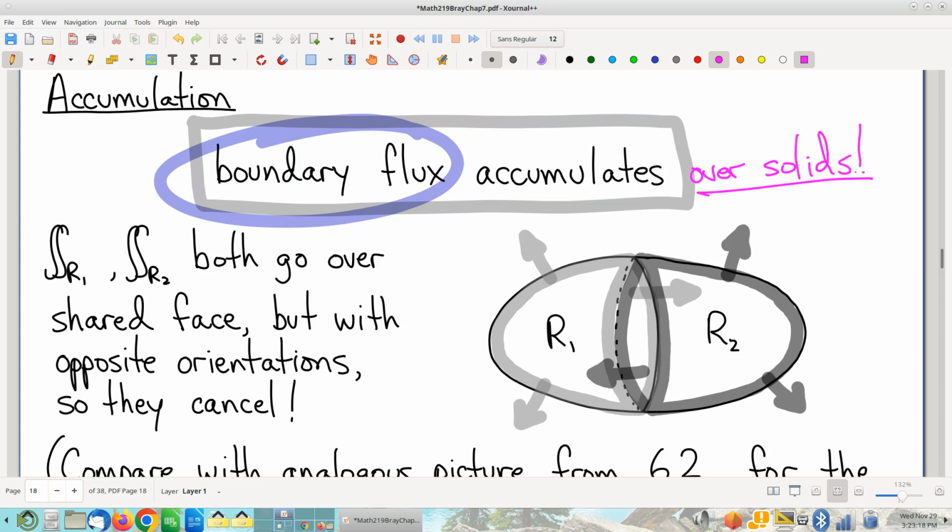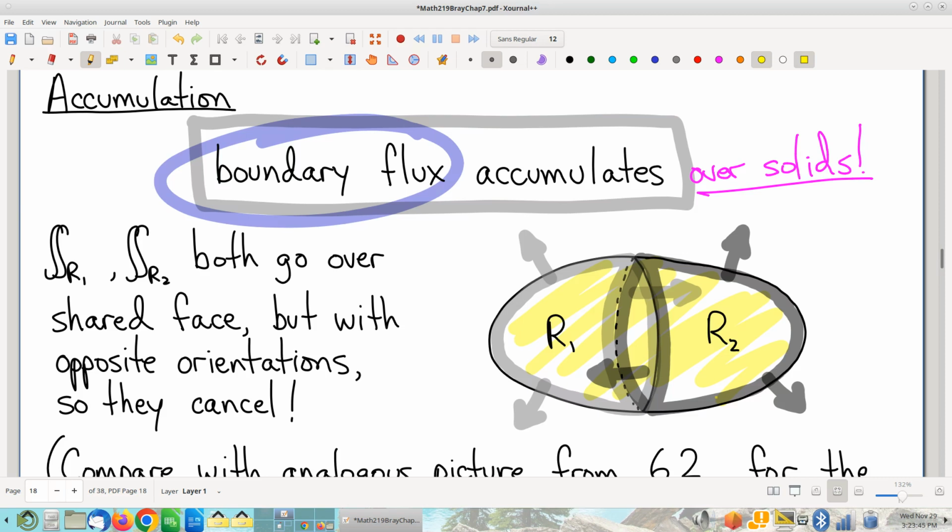What I mean by over solids is that it's the solid on the inside here that, if you break it in half and compute the boundary flux at one side, the boundary flux at the other side, and add them up, then you get the boundary flux of the whole. The thing that you break up into pieces is the solid, not the surface.